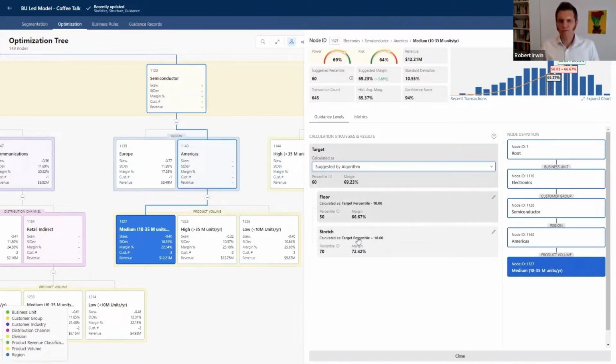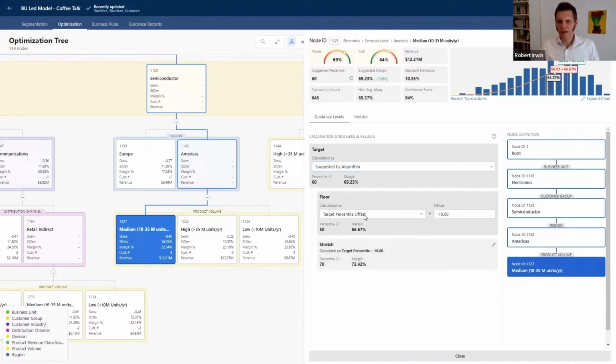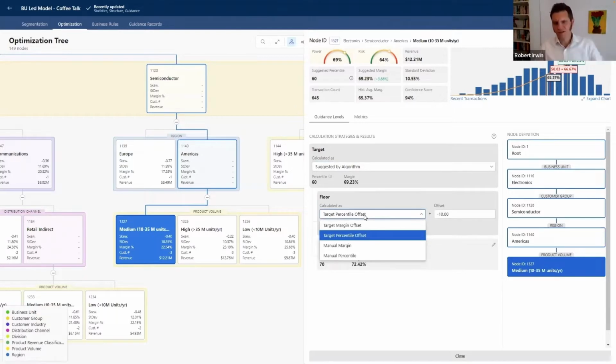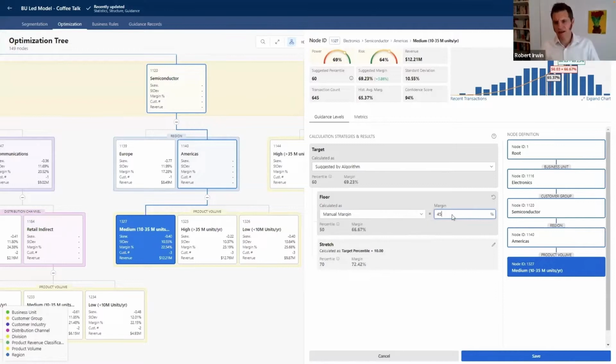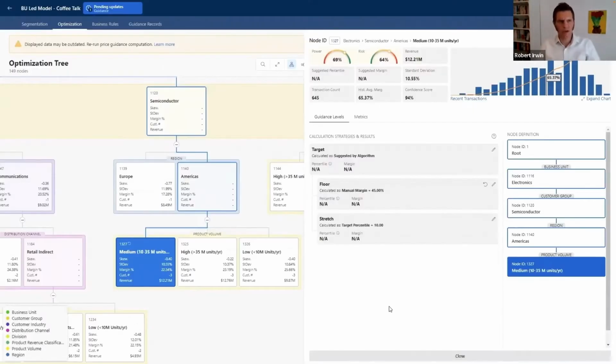And my floor and stretch in this case are defined as a percentile offset from that target. What we often hear is that the floors should have a manual minimum margin. So in this particular case, I'm able to make those changes, again, at any level of the model. If I'd set that at a higher level, that would have been inherited down.